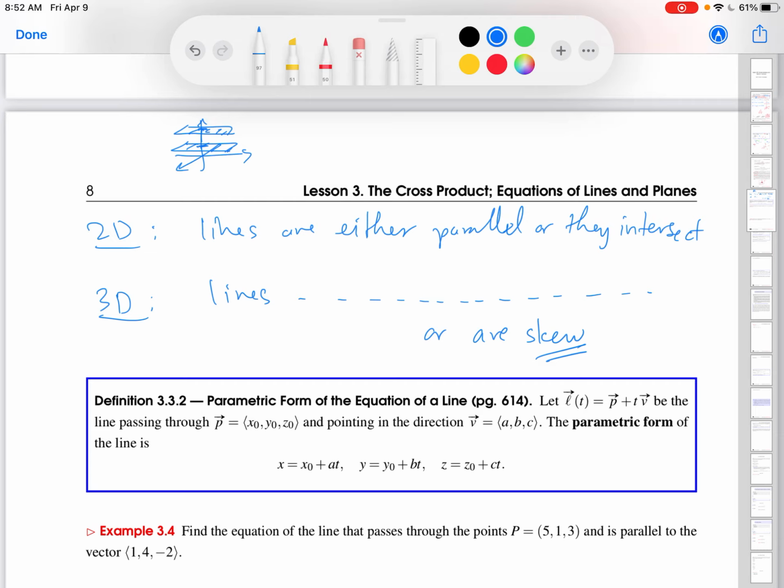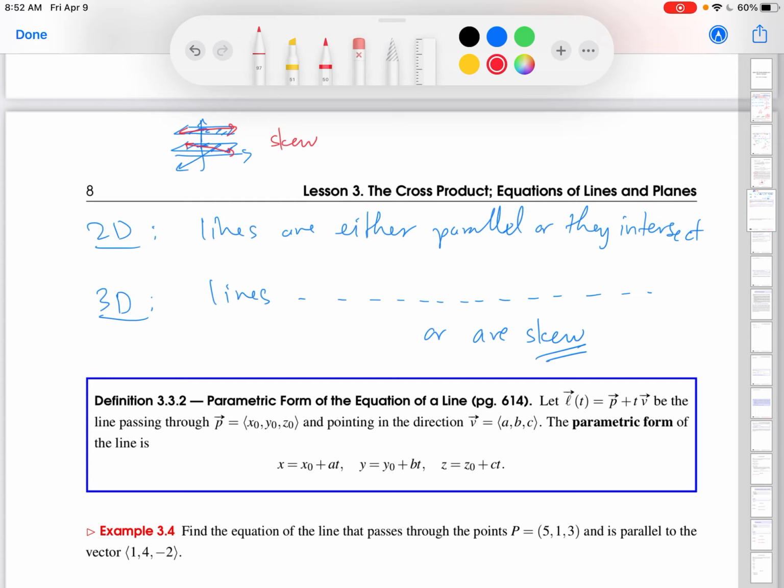Those would be 2 planes that don't intersect. And you can imagine lines on each of these planes that go perhaps in opposite directions. Because these planes never intersect, these lines will never intersect either. So these are what are called skew lines.